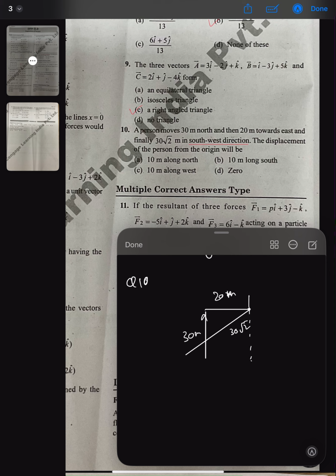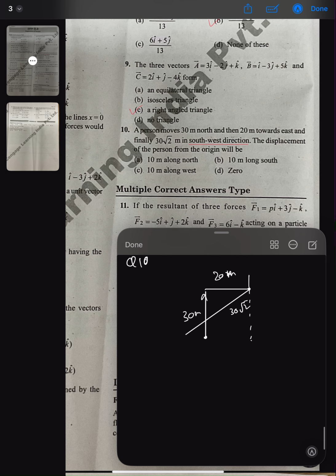The displacement of the person from the origin, this is the initial position. So it is asking for the displacement. What will be the displacement of the person? If you calculate via geometry, it will be difficult. So we will calculate via vectors.